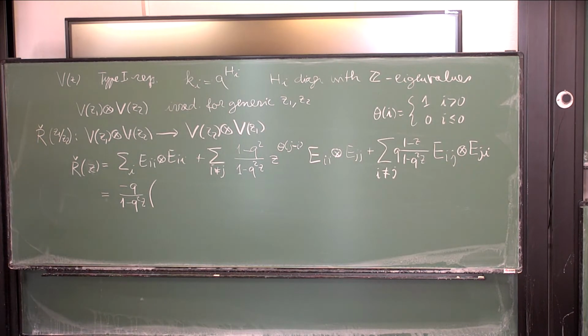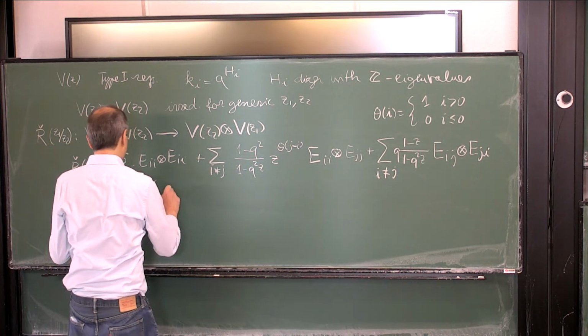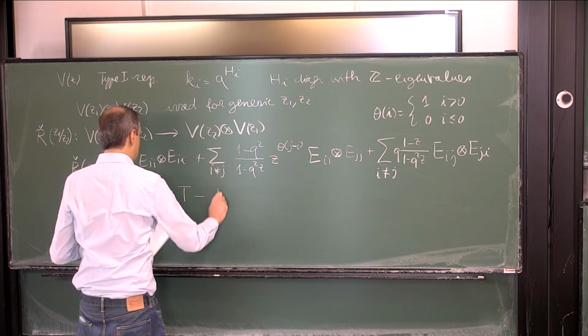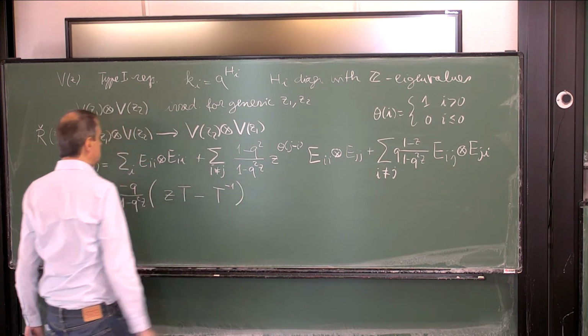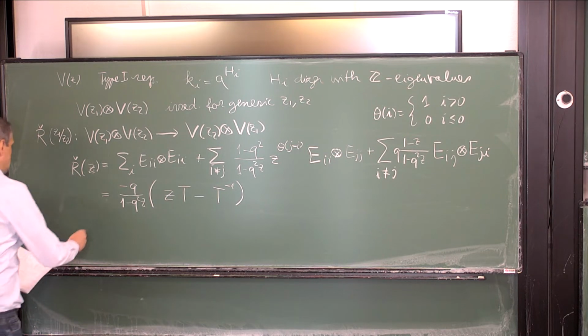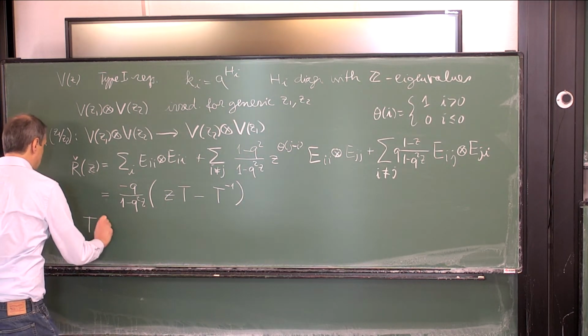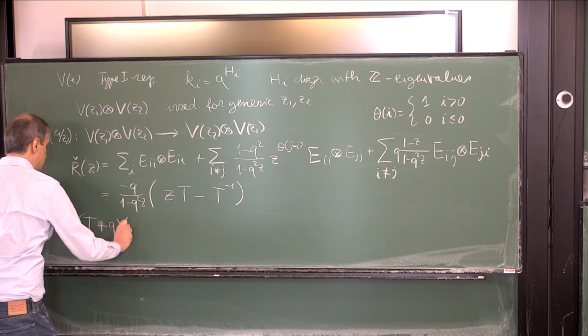But if you get rid of the denominators, you have a polynomial of degree 1 in Z. And this polynomial has the following form, Z times T minus T inverse. And T obeys the Hecke relations.